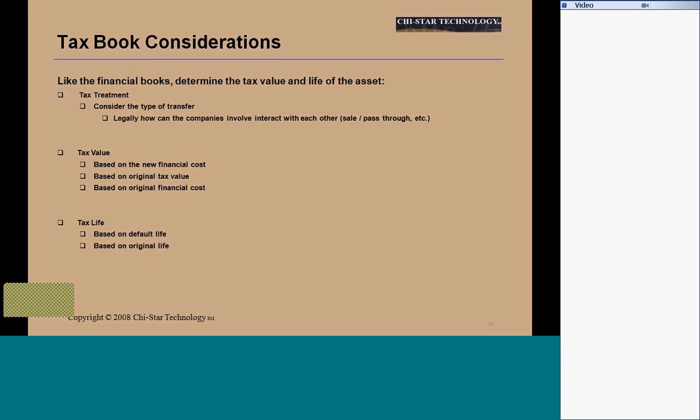Some of the tax book considerations, if you are utilizing tax books and you are transferring, is, again, the main thing is how each of those legal entities can conduct business. So sometimes I've been involved in organizations where some business units had to treat each other as customers, if you will, where they had to sell and buy assets between each other.